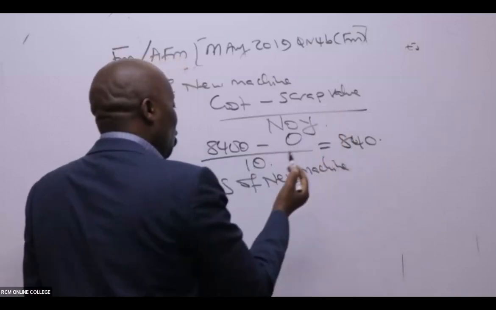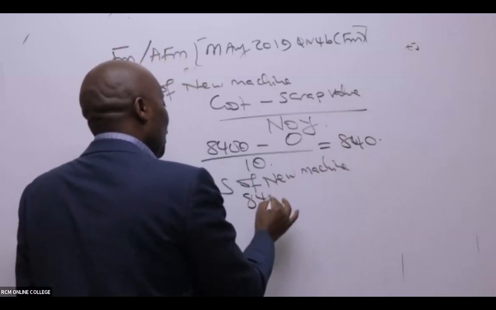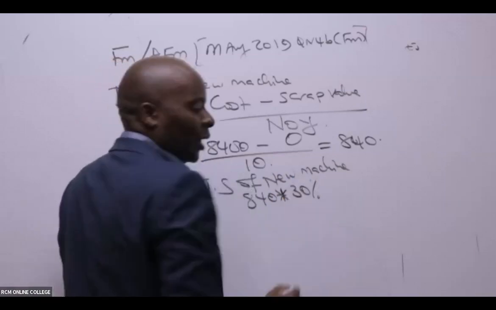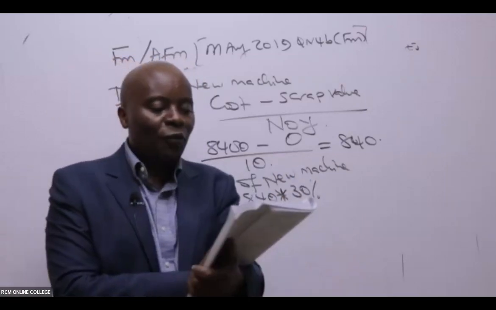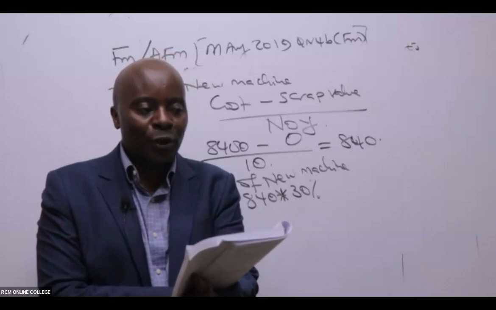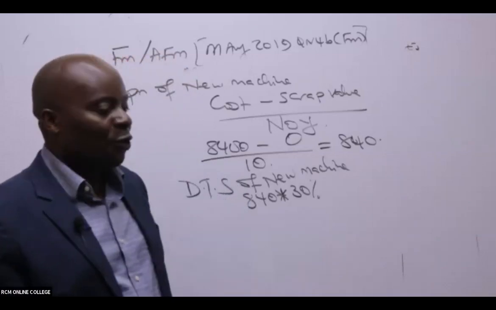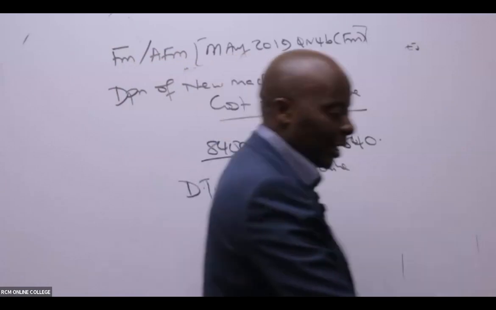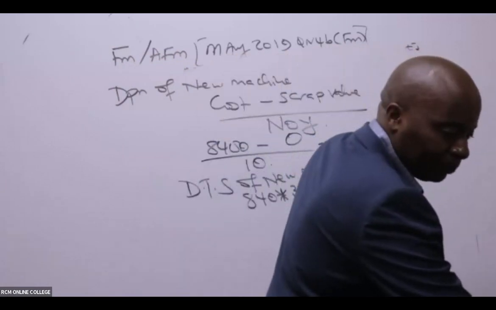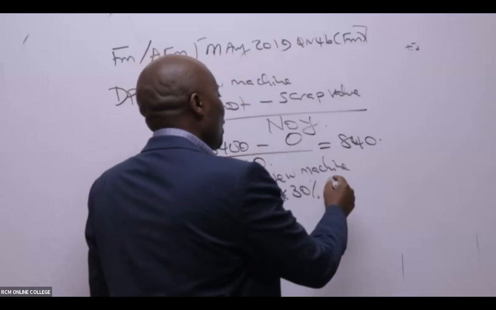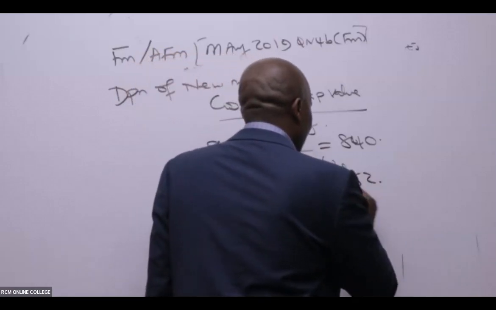These are free marks. The depreciation tax shield of the new machine will be 840 times the rate of tax, which has been given in the additional information, note number 2. They have told us the corporation tax is 30%. So 840 times 30% gives me what figure? Depreciation tax shield, 252. These are free marks being given to you.